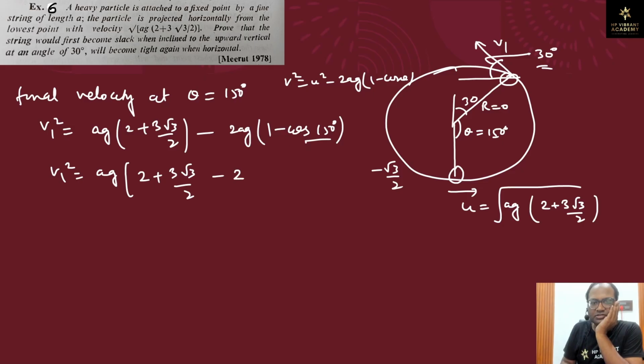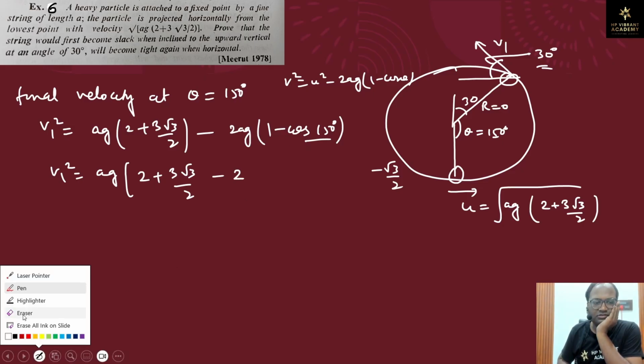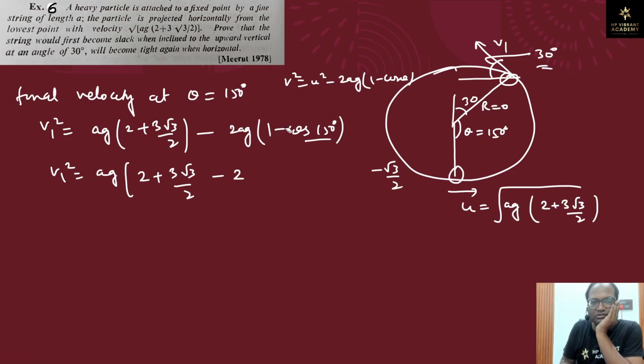This will be 1 plus root 3 by 2. Okay, cos 150 is minus of cos 30. So this will be minus 2 minus root 3. Okay, ag we have taken common. So this is 2 times root 3 upon 2, which gets cancelled.